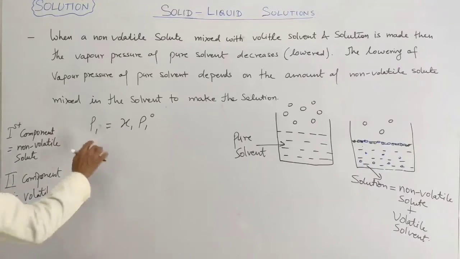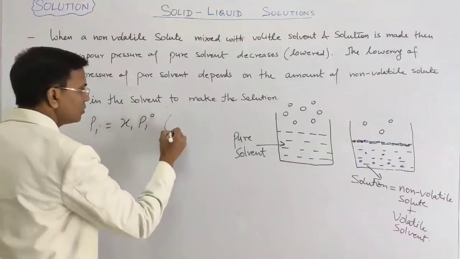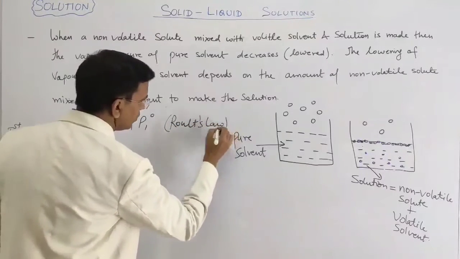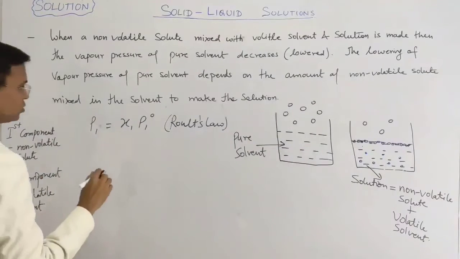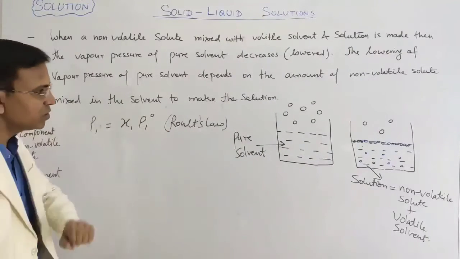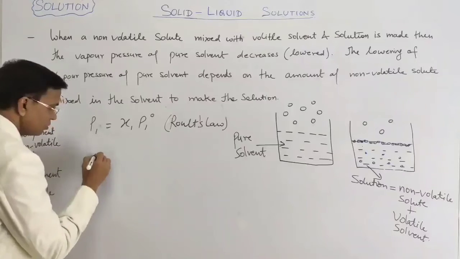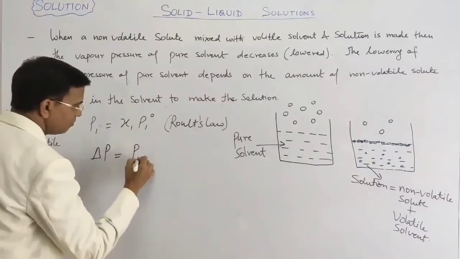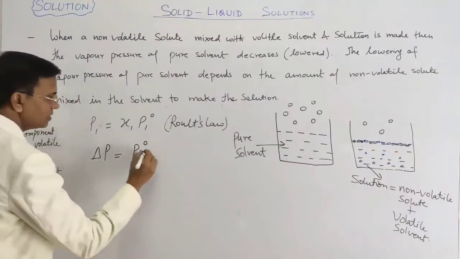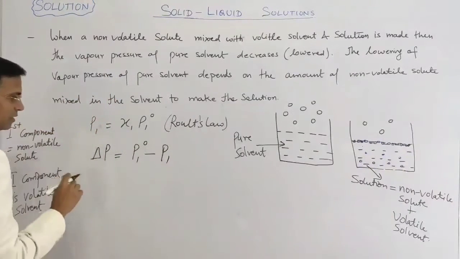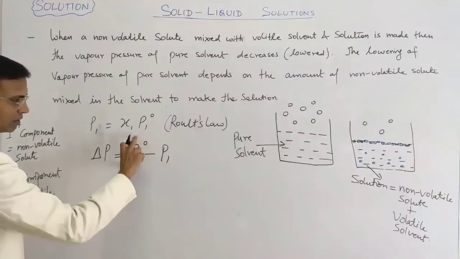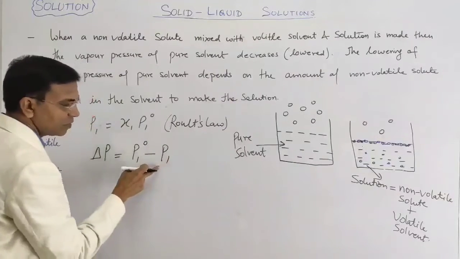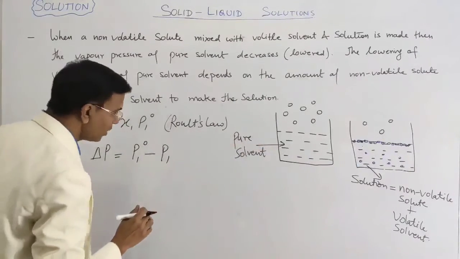Then P1 = x1 P1° according to Raoult's law. Now if we calculate the lowering of vapor pressure, that is the change in vapor pressure, ΔP = P1° − P1, the pure solvent vapor pressure minus the solution vapor pressure.